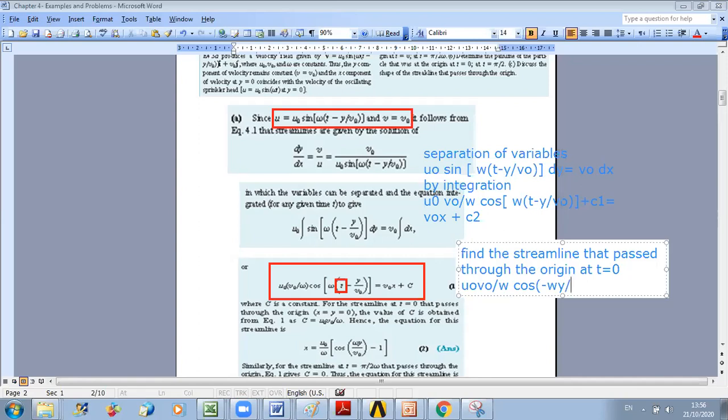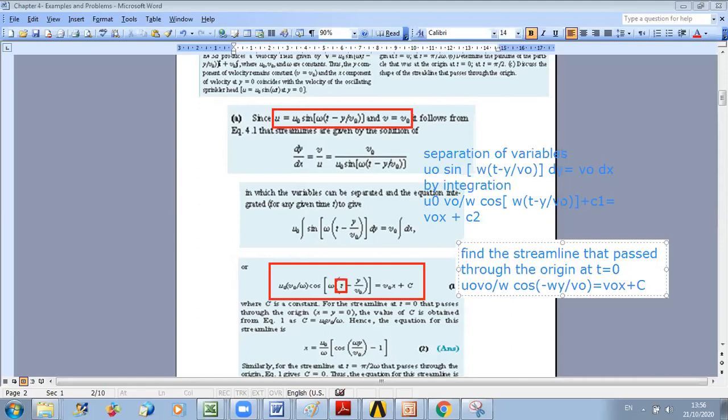Now you know that cosine alpha is equal to cosine minus alpha, so you can replace it by just cosine omega y over v0. And we have from the other side v0 x plus a constant.